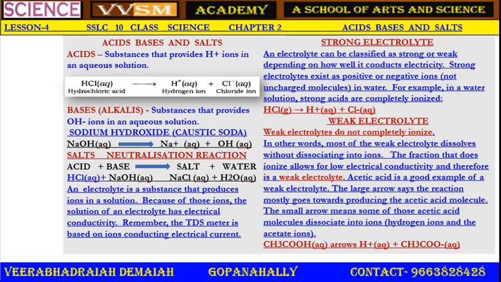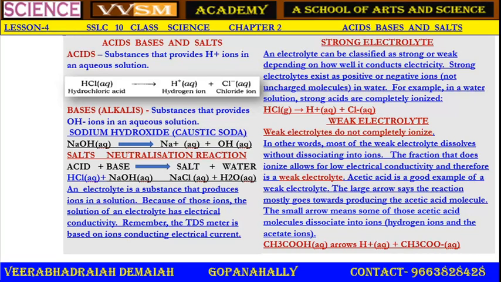Acids: substances that furnish H+ ions in aqueous solution are called acids. Similarly, bases: substances which furnish hydroxide ions, OH- ions, in aqueous solution are called bases. Bases are also called alkalis.